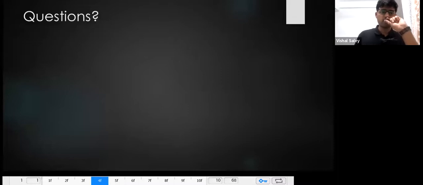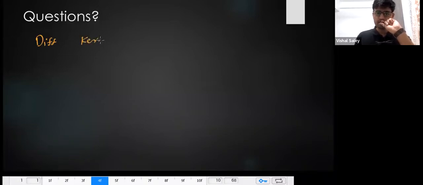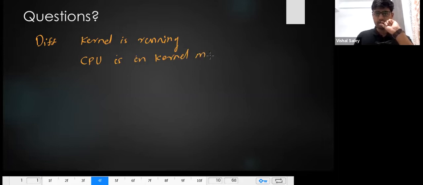I don't know which question you're talking about, so I would have to open those slides again, but what I understood is basically this: what is the difference between the kernel is running and the CPU is in kernel mode? That is the question, right?